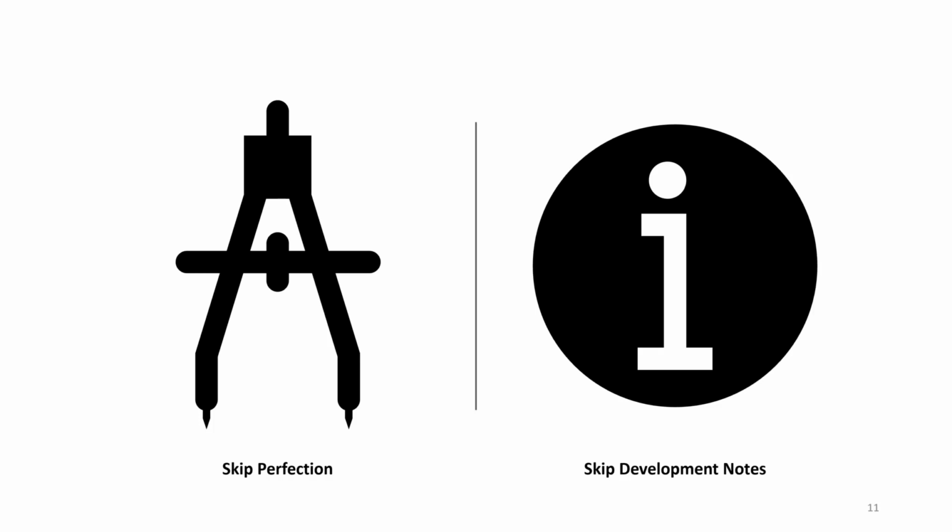We're really just focused on getting the stuff on the page. And we're also skipping those development notes. We're not painstakingly identifying the types of interactions that we'll use, putting feedback or content in or anything like that. We're skipping over that altogether.